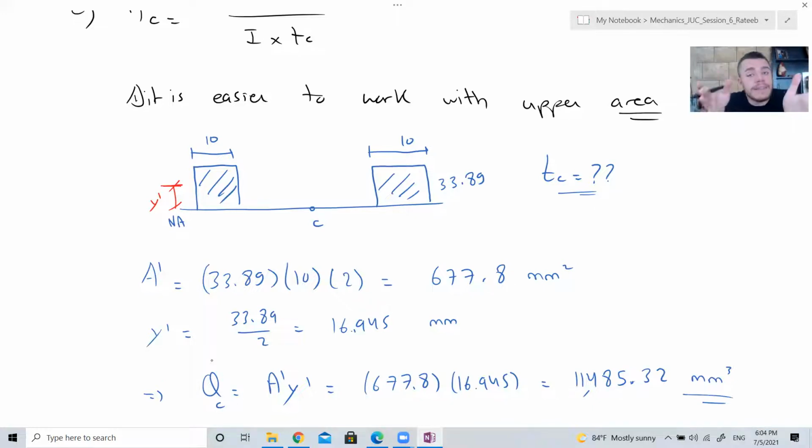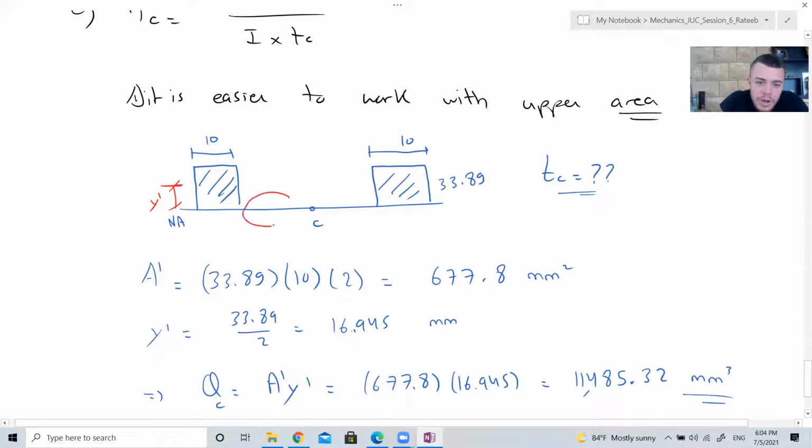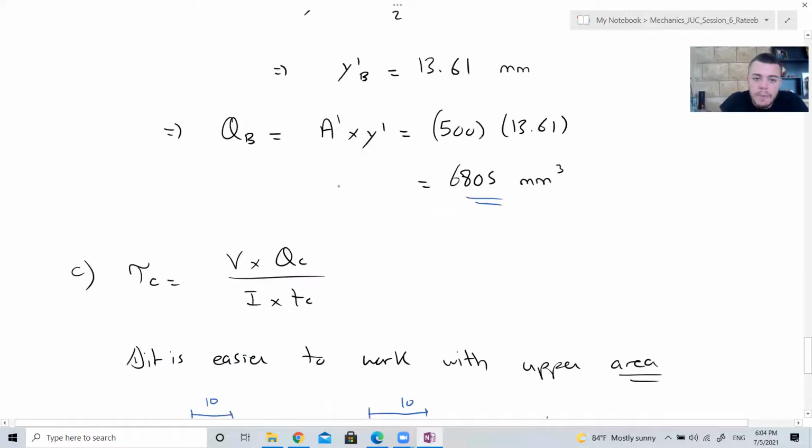If you pass a horizontal line at C, what is the length of the solid cross section? Same as before, 100? Wrong. Do you have any solid at point C?